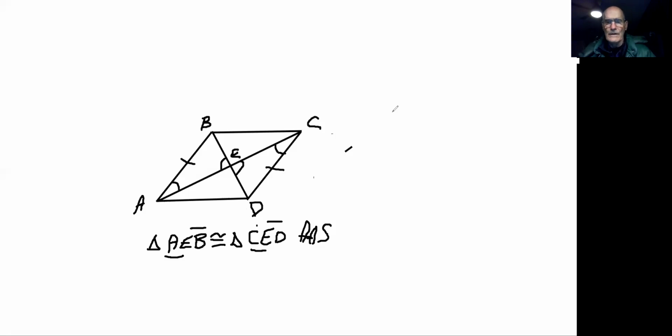So now, if you look, if we just have a situation here, for instance, if I say that this right here is 2x plus 4, and this over here is 10, and I want to solve for x, I basically say, okay, since the opposite sides are equal or congruent, then I can say that 2x plus 4 equals 10 because opposite sides are congruent.